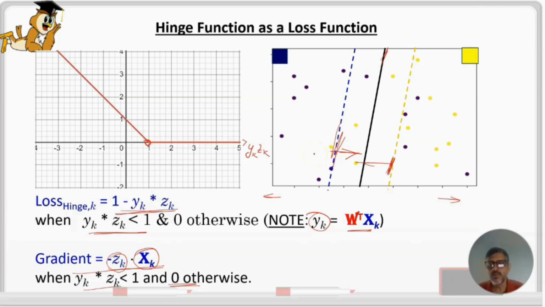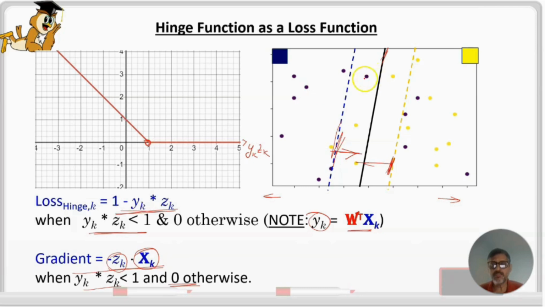In other words, the points for which the margin was positive, but smaller than 1. I mean, 1 has been chosen arbitrarily, it could have been chosen to be anything else. But what it tells you is that you are going to start counting the loss when your margin goes below 1.